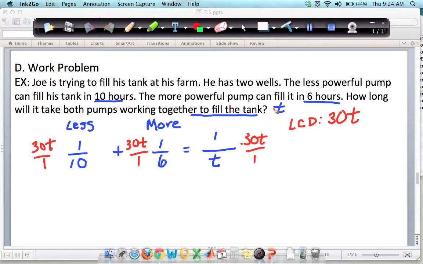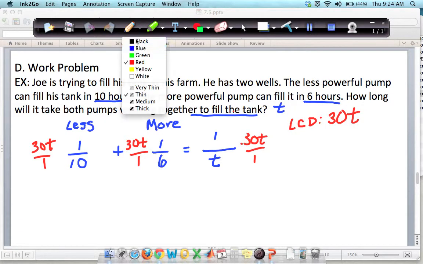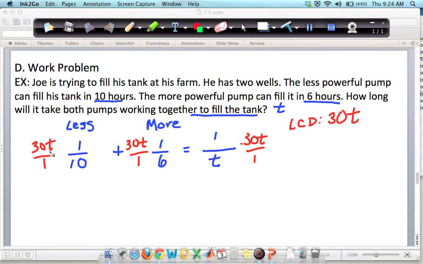And then I'm going to go ahead and simplify this. 30t over 10, 30 divided by 10 is 3, so I get 3t, plus 30 divided by 6 is 5, so 5t equals, on the right-hand side of the equal sign, the t's cancel, and I just get 30.